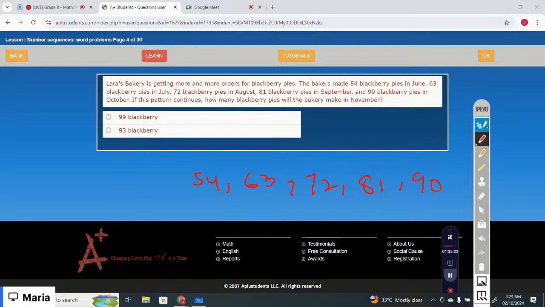So let's just see how the pattern is going. 9, I think, right? Then again 63 to 72, yes, 9. So the pattern is increasing by 9. You can add 9 to 90. So 90 plus 9 is 99. That means in November, the baker will bake 99 blackberry pies. The correct option is 99. Option number 1 is the correct option. Got it?